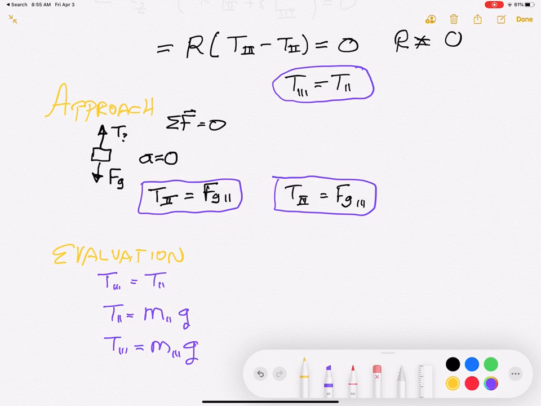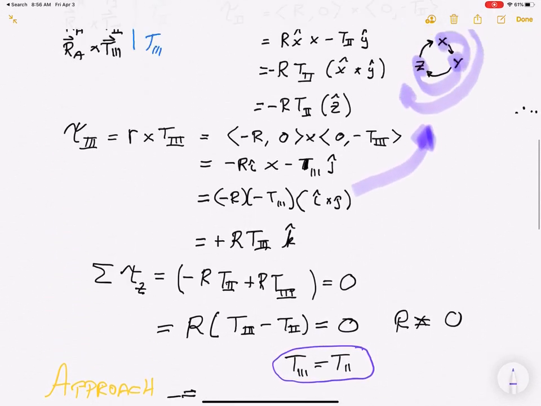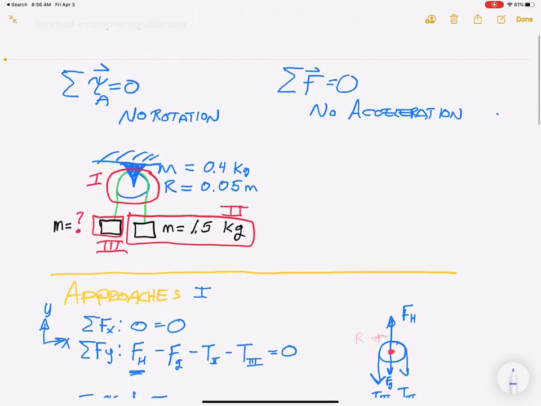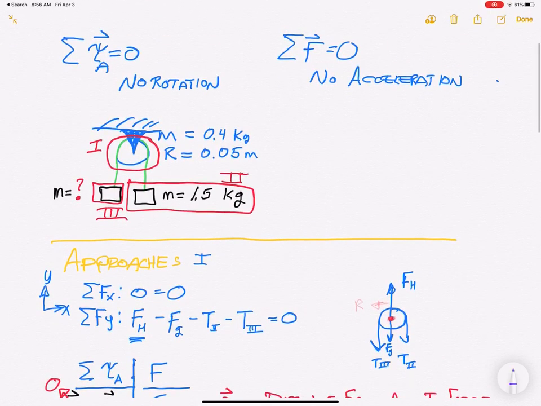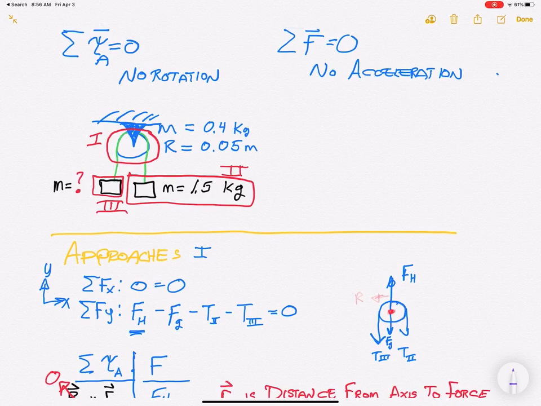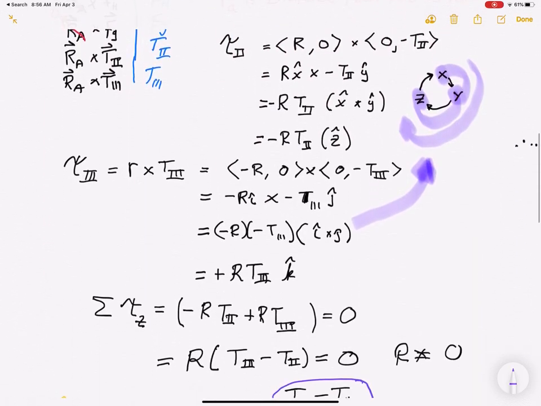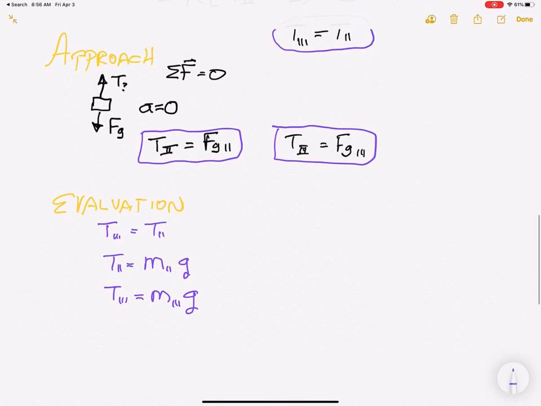And so let's just plug numbers in. We said the hanging mass of 2 was 1.5 kilograms, which means that T3 equaling T2 is M3G equaling M2G.